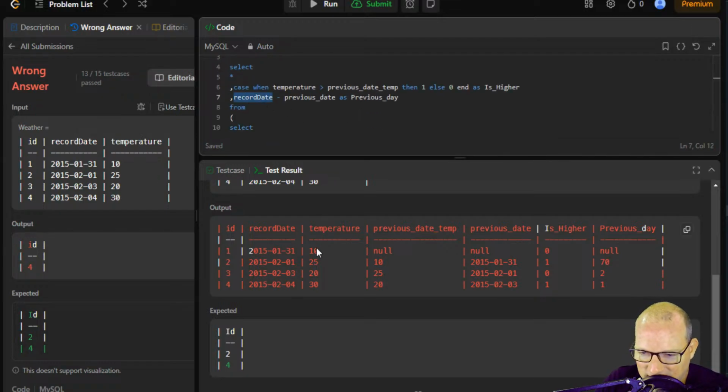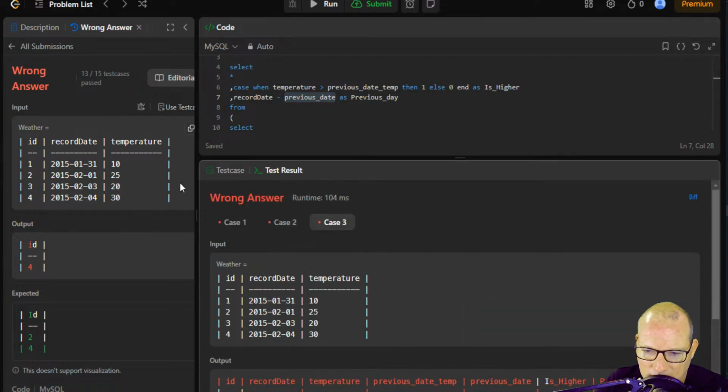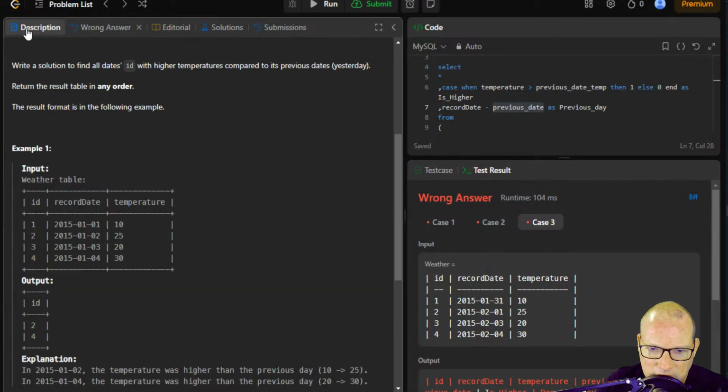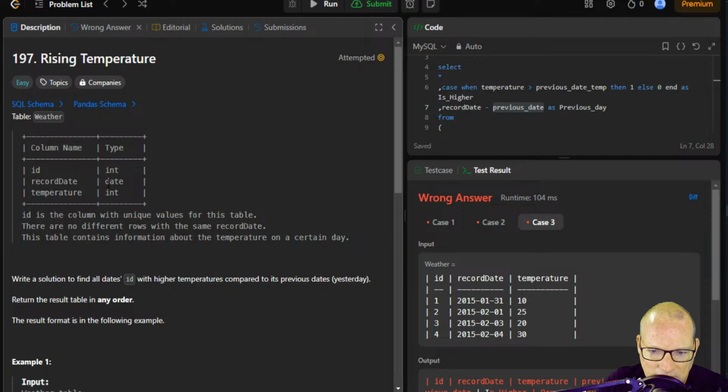Record date. Okay, no. Record date. Previous day count. Previous day. Because I'm getting this. This is a date. We've already seen that. Description. It's a date.